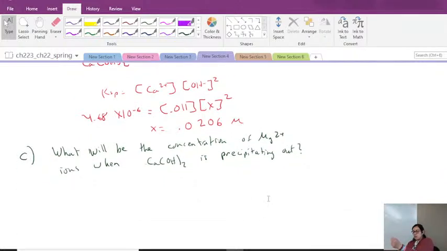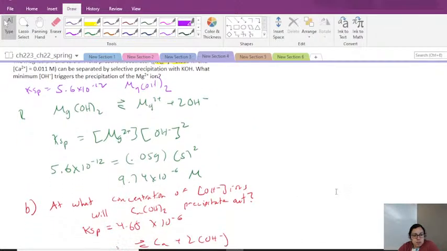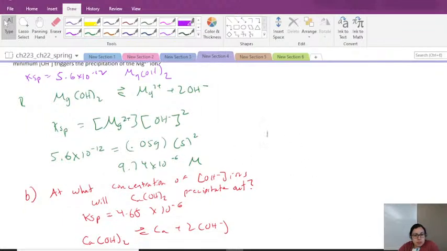No, it's a good question. So what did you need to plug into this concentration to ask this question? We have all the pieces. Essentially, imagine you're titrating in hydroxide.